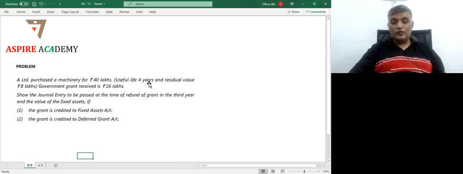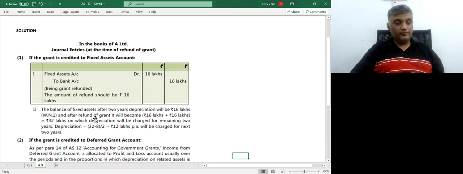And for year 2, another 4. So 8 lakhs becomes the depreciation for the first 2 years. So what is the value of the asset after the end of the 2 years? It's going to be 40 lakhs minus 16, which is 24. 24 minus 8, it's going to be 16 lakhs. That is the answer. The balance of fixed assets after the 2 years depreciation will be 16 lakhs. That is what they say.